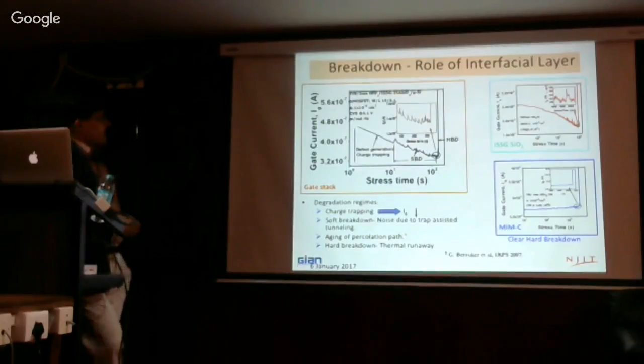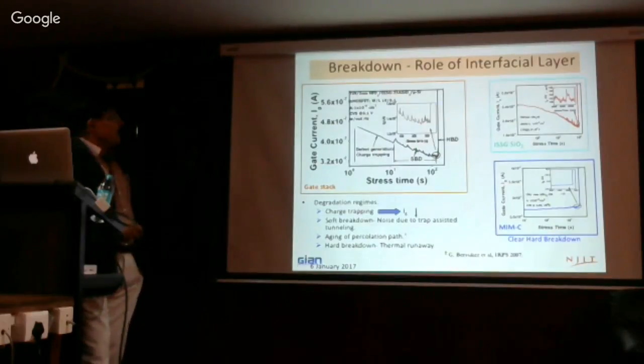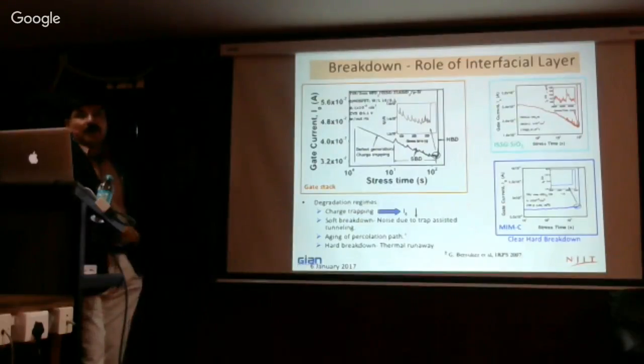And then suddenly it becomes the hard breakdown. That is the process the breakdown follows. If you use only silicon dioxide, you can see it changes that way. But in the MIM capacitors, there is no change in the trapping, no soft breakdown. It goes all the way to hard breakdown.